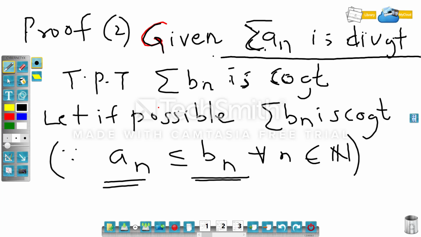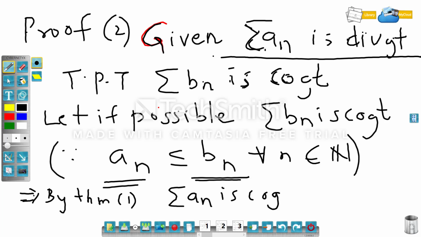Hence, our assumption is wrong. This contradicts the given fact that series an is divergent.